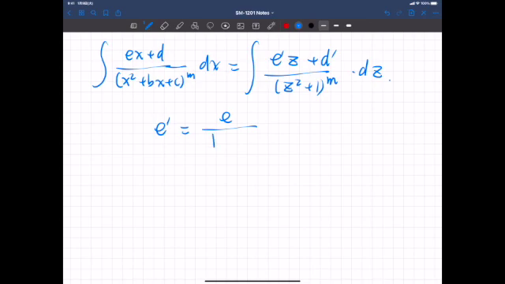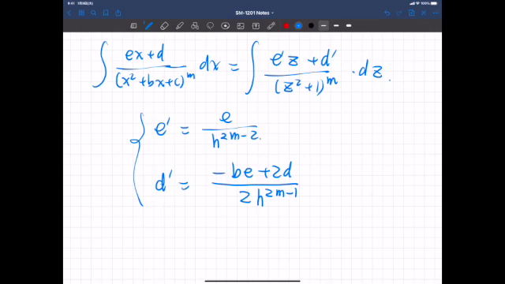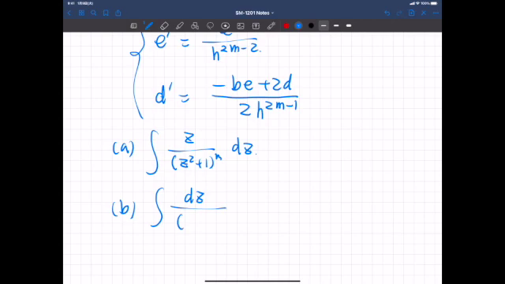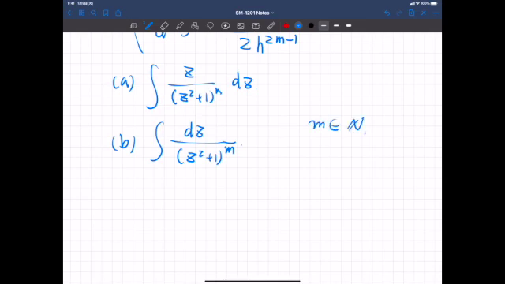So you should try to derive these results. e prime is something over minus 2, and d prime is (minus be plus 2d) over 2 to the power 2 times h to the power of 2m minus 1. Okay, so we can split this expression into this part and this part. So we need to calculate two integrals. That is, first, this one. And second, this one. Of course, m is a natural number.